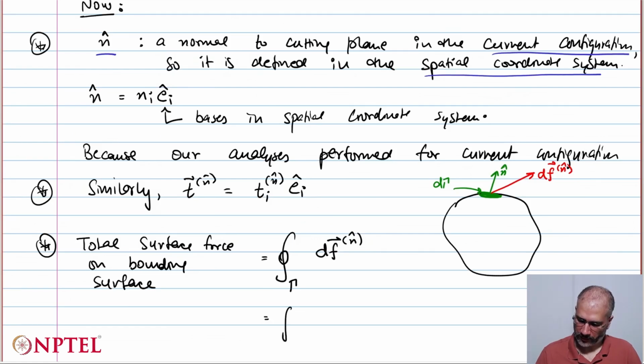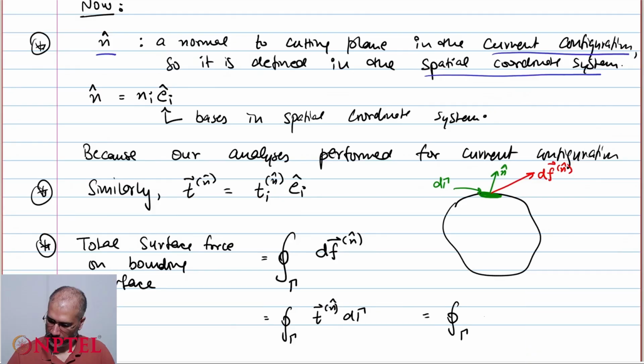And using the idea of traction, we can write this as T n hat times d gamma, and as you move your point P along the surface of the body, the d gamma changes as well as the traction corresponding to that d gamma also changes, which using the Cauchy stress principle can be written as n dot sigma times d gamma.